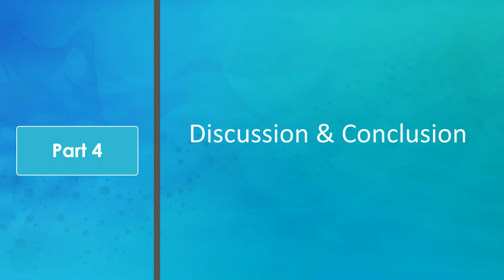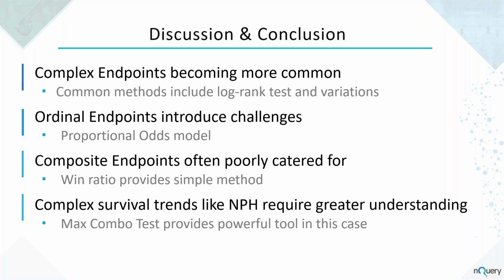Okay, so now we'll finish up with our discussion and conclusions. Just to quickly recap, complex endpoints are definitely becoming more common in the clinical trial landscape. Some of the more common issues encountered in the areas of ordinal endpoints, composite endpoints, and complex survival endpoints are shown here.